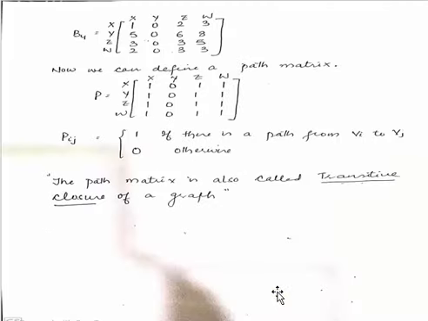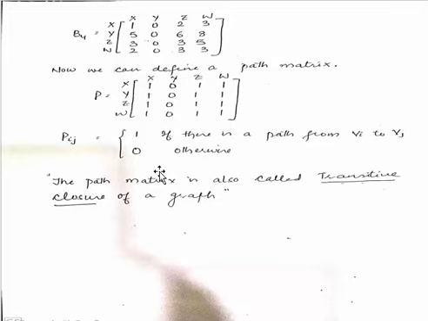Then this matrix will give you the number of paths of length 4 or less. So you need to make one more matrix, in which any non-zero entry in B4 is replaced by 1 and any zero entry remains the same. So this is defining your path matrix.